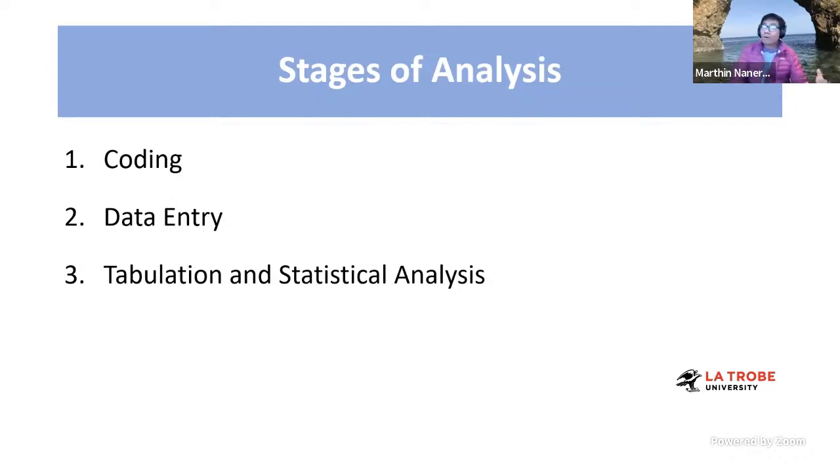A computer file consists of all the responses relating to all the respondents in a study. So it is made up of a series of records, with each record containing all of the responses from one respondent.